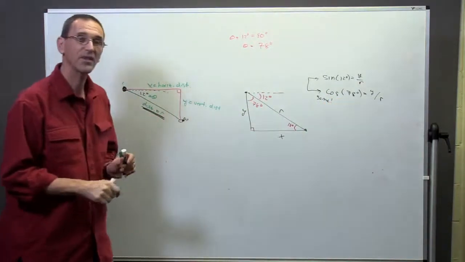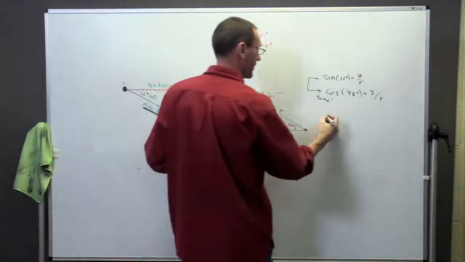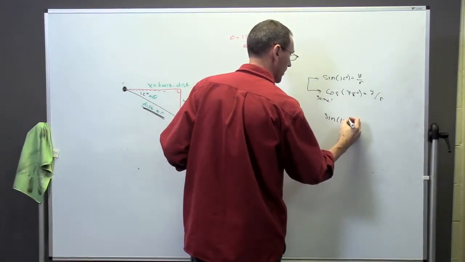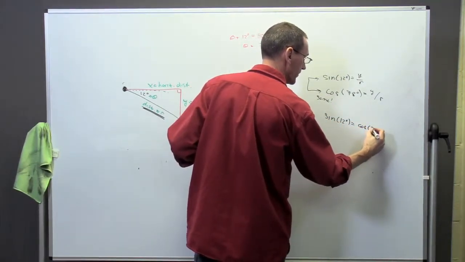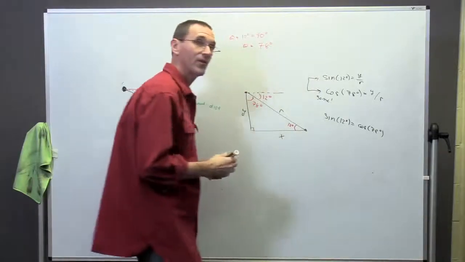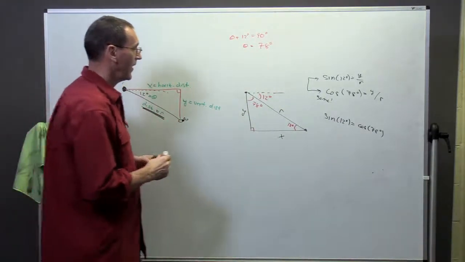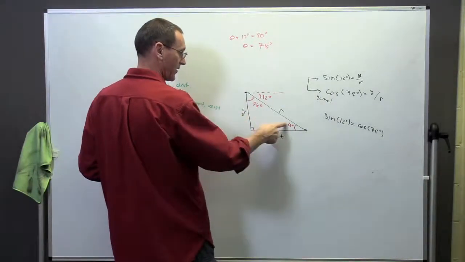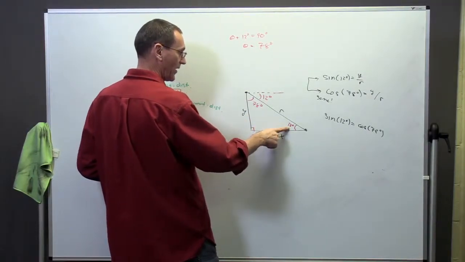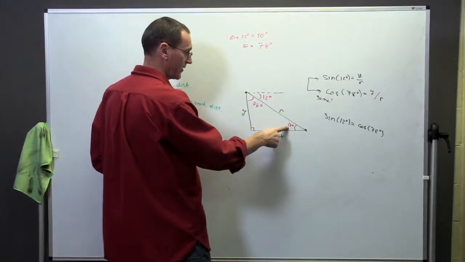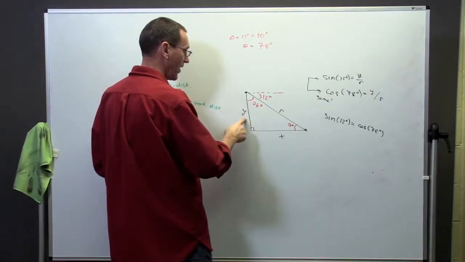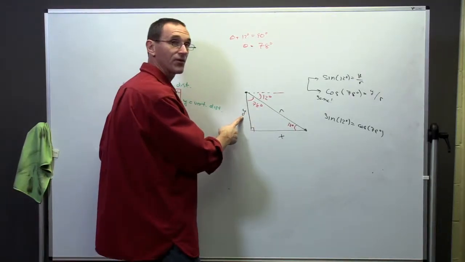And I would have gotten that these have to be the same thing. This says that the sine of 12 degrees has to be equal to the cosine of 78 degrees. And that's basically because of this triangle here, the sine of that angle has to be the cosine of that angle, because the opposite for that is y, and the adjacent for that is also y.